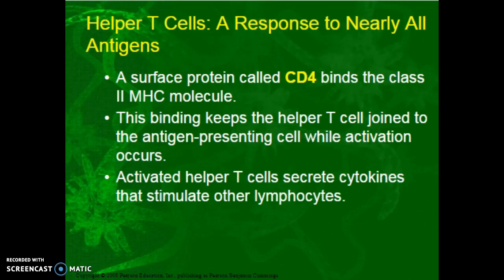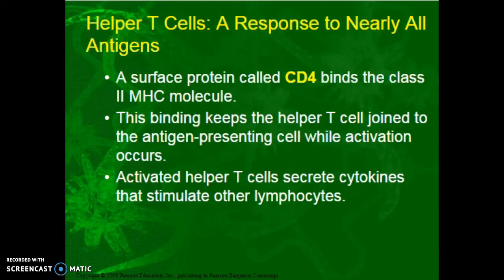So helper T cells are going to respond to almost all antigens. There's a special surface protein called CD4 that binds class II MHC molecules. This binding is going to help keep the helper cell attached to that cell while activation occurs. It's sort of like when, say for example, I come across someone that needs CPR.